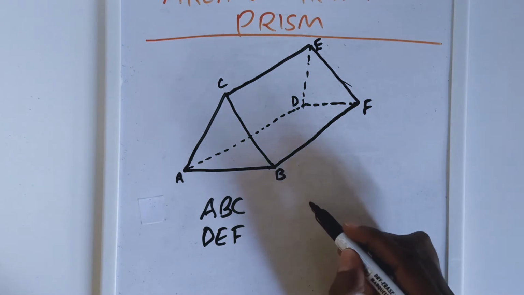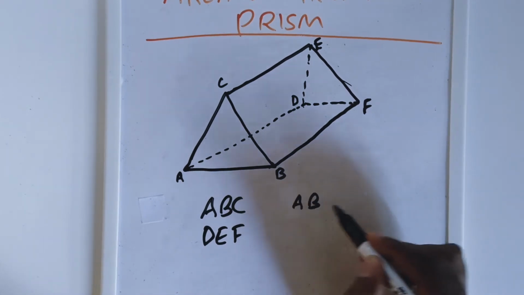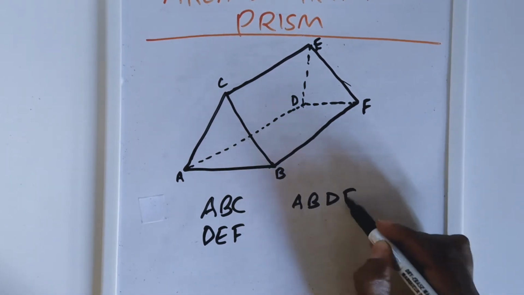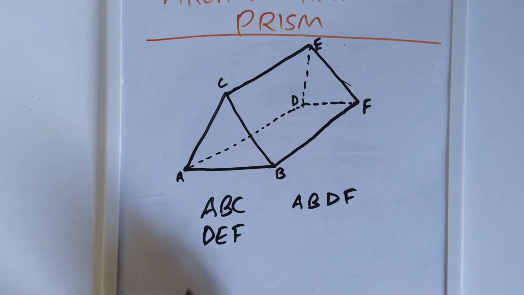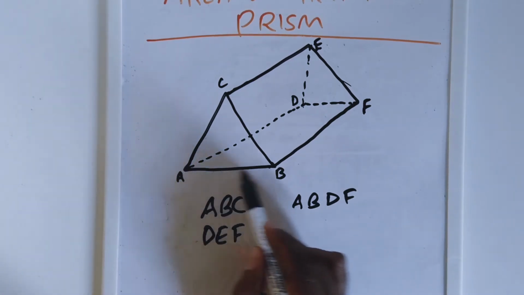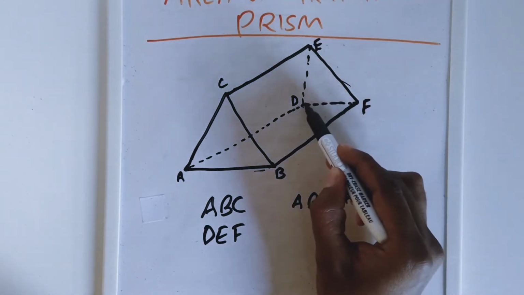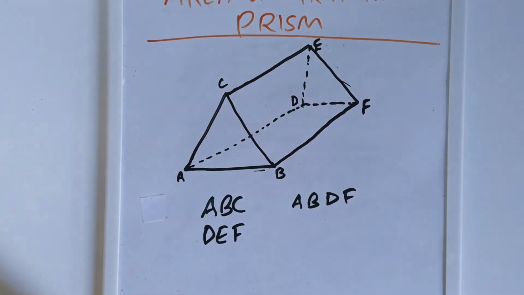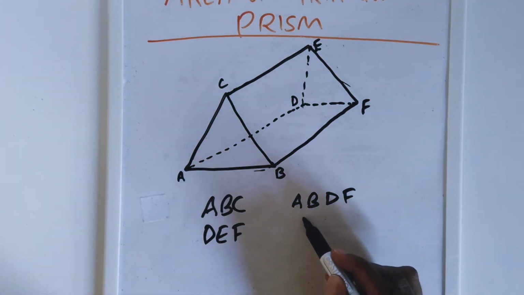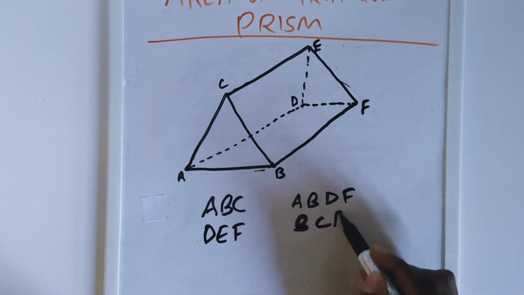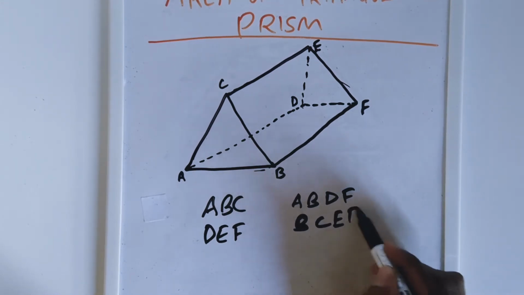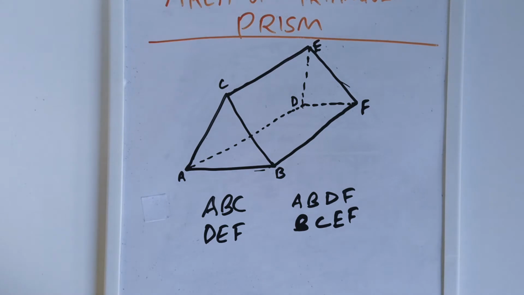For example, A, B, D, F is a rectangle. Sorry. A, B, F, D is a rectangle. Also, C, B, E, F is another rectangle.